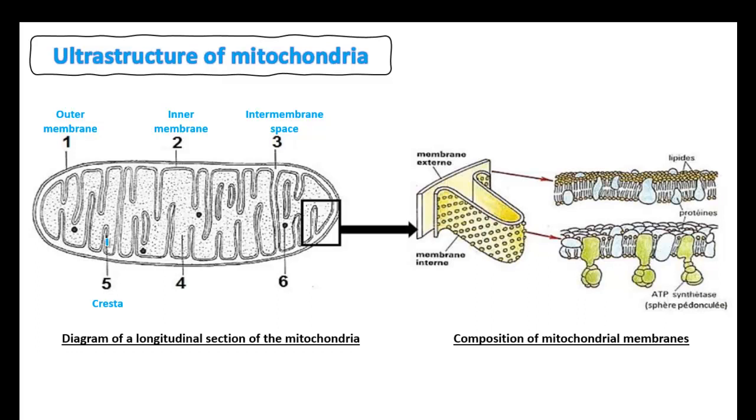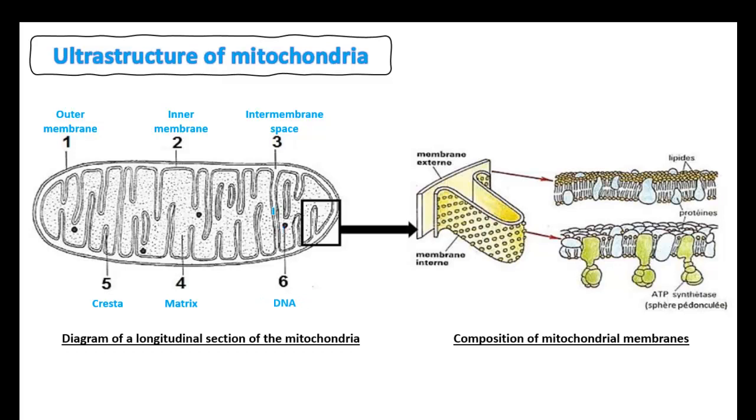Number 4 is the space inside of the mitochondria that we call the matrix, and this is where the Krebs cycle reactions are going to happen. Last but not least, these little spots that we can find in the matrix are the genetic information of the mitochondria, called the mitochondrial DNA.